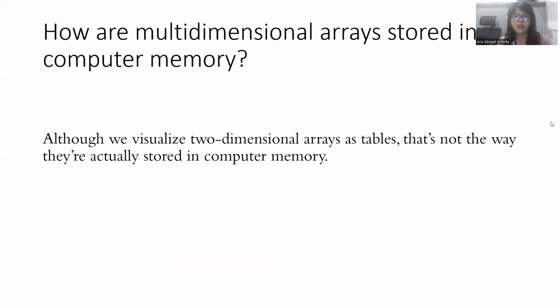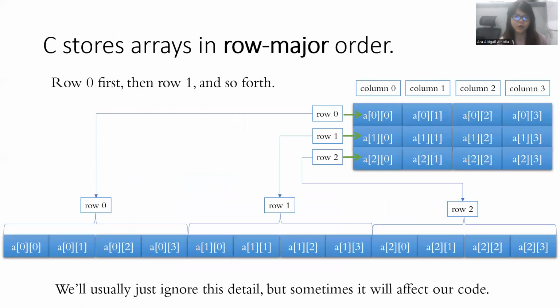Okay, so now the question is, how are these multidimensional arrays stored in computer memory? Although we visualize two-dimensional arrays as tables, that's not the way they are actually stored in computer memory. This is visualized like this in order for us to understand it better. But memory stores arrays in row-major order.